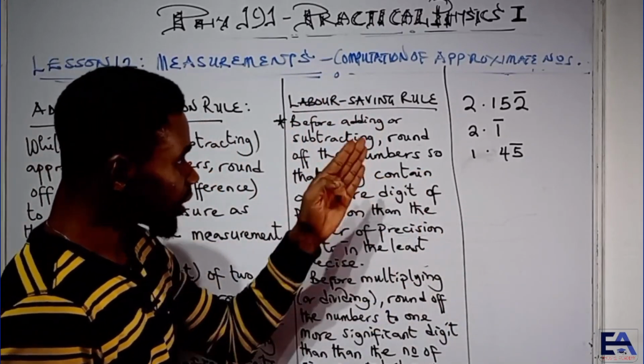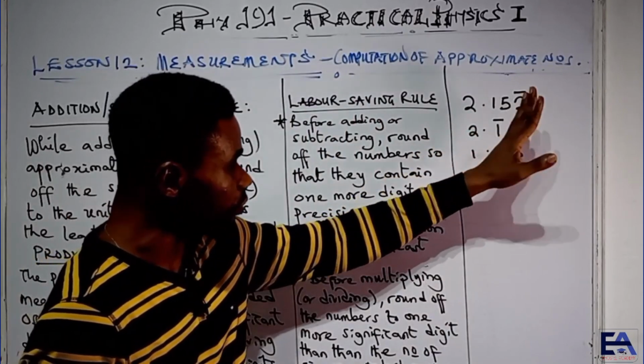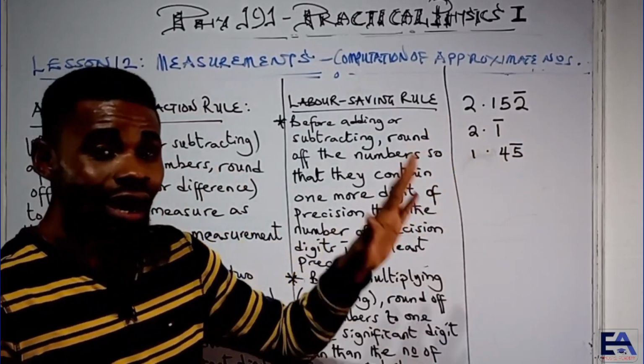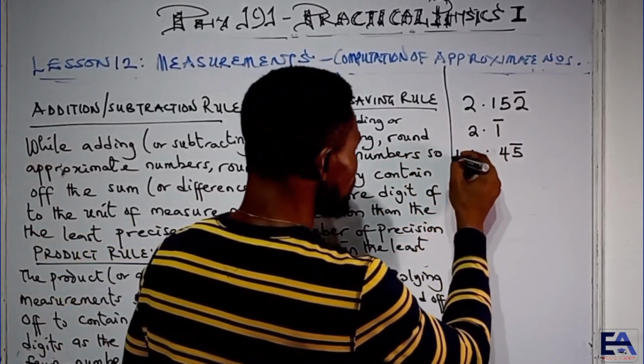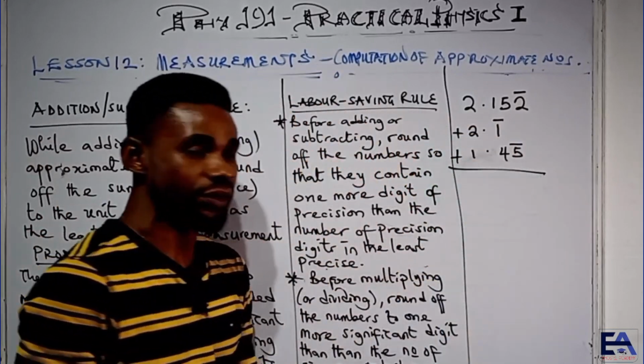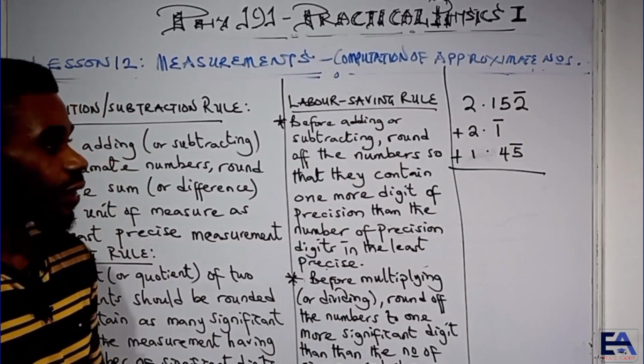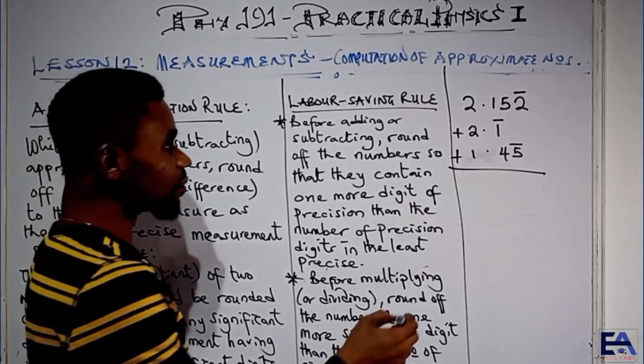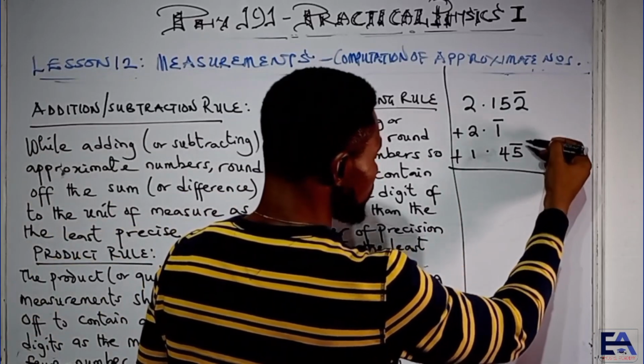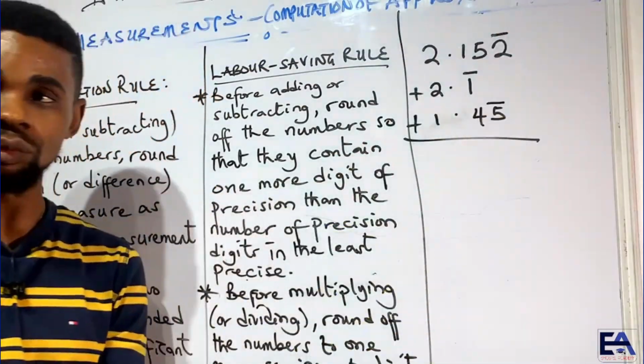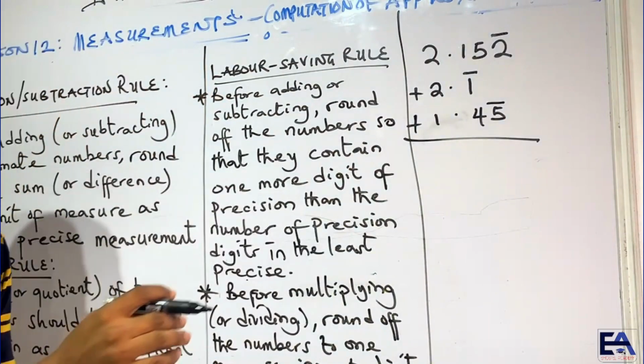Now we have 2.152. Let's say we want to add up the 3 numbers. These approximate values, anything they come across, they will infect it.